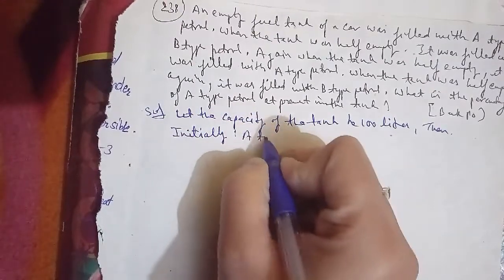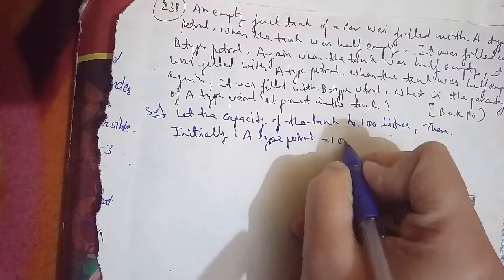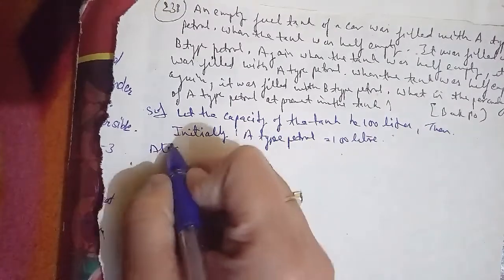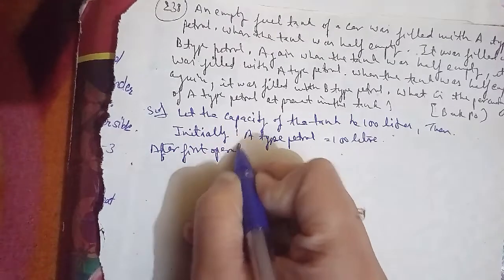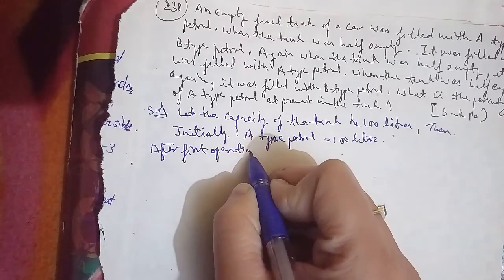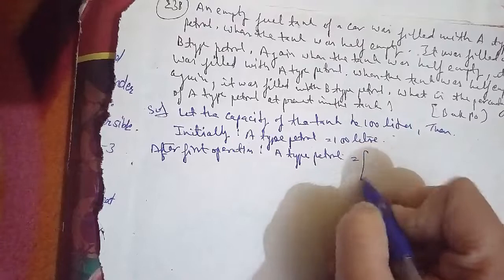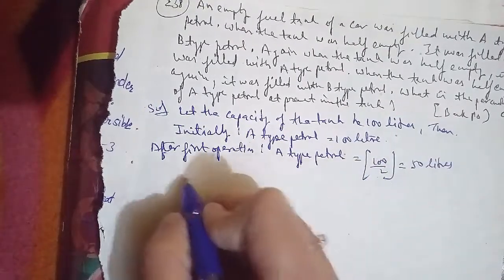After second operation, A-type petrol equals 50 upon 2 plus 50, and of course that is equal to 75 liters. B-type petrol equals 50 upon 2, 25 liters.